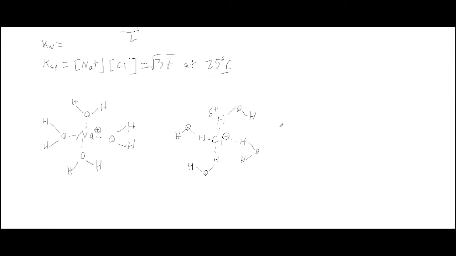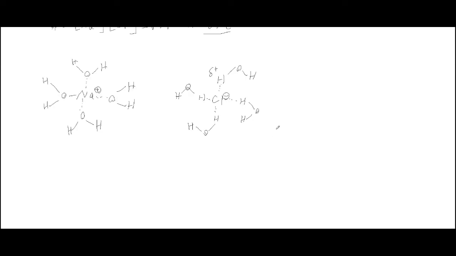So when any ions are dissolved in water, you have something like a glass of water here that has a certain concentration of sodium and a certain concentration of chloride.